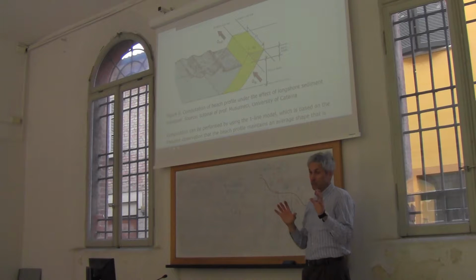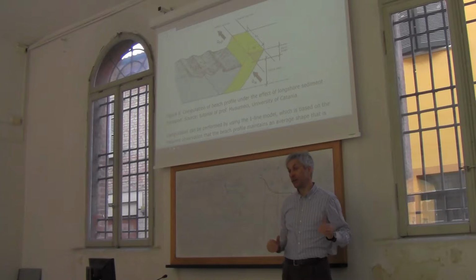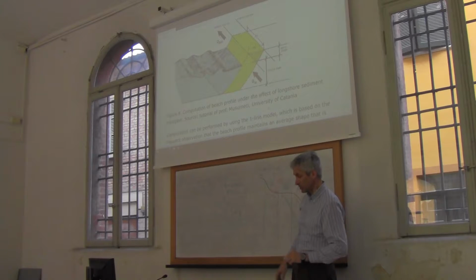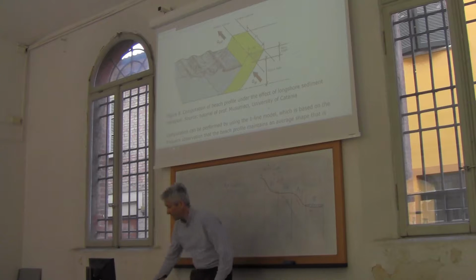Once you know the closure depth and you know delta c, you can compute this area here. Because you know the slope, you know this angle, and therefore you can compute this area, you know delta y. The only unknown is delta c.